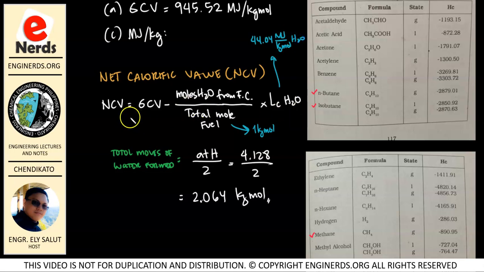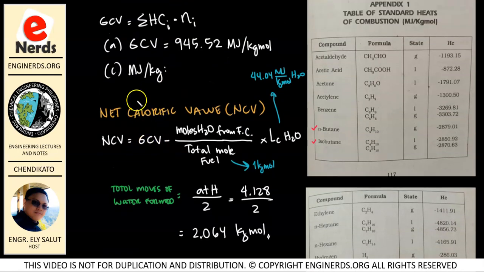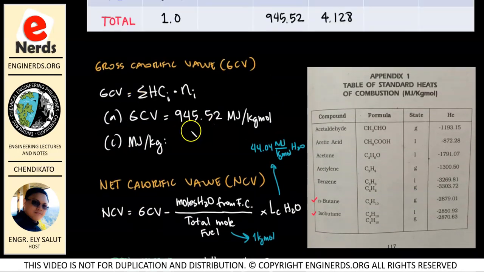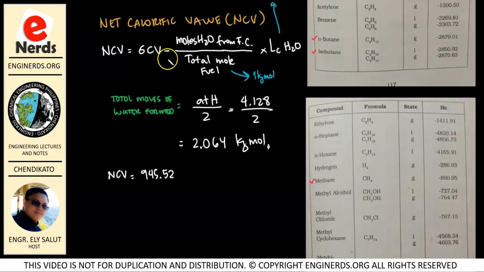Okay. So, makukuha na natin yung value ng ating NCV. Okay. So, let us write here. Our NCV is equal to our GCV, our Gross Calorific Value, which is 945.52. Then, minus, okay, minus, itong moles of water formed. Nakuha na natin yan, 2.064.